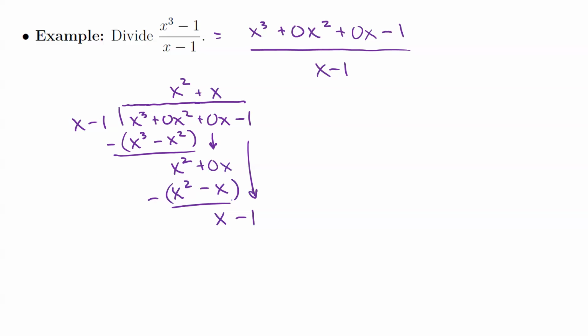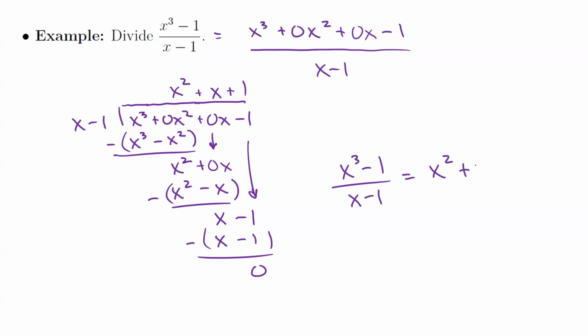And then x times 1. And 1 times negative 1 is negative 1. And so this is a nice one. We actually end up with a remainder of 0. So x cubed minus 1 over x minus 1 is equal to x squared plus x plus 1. No remainder at all.